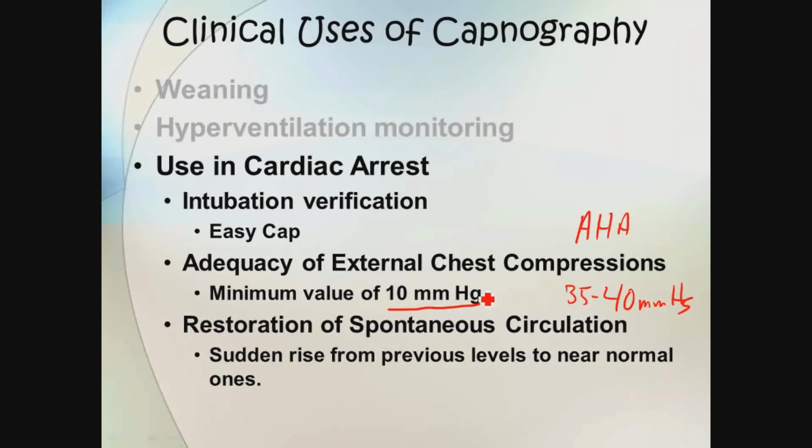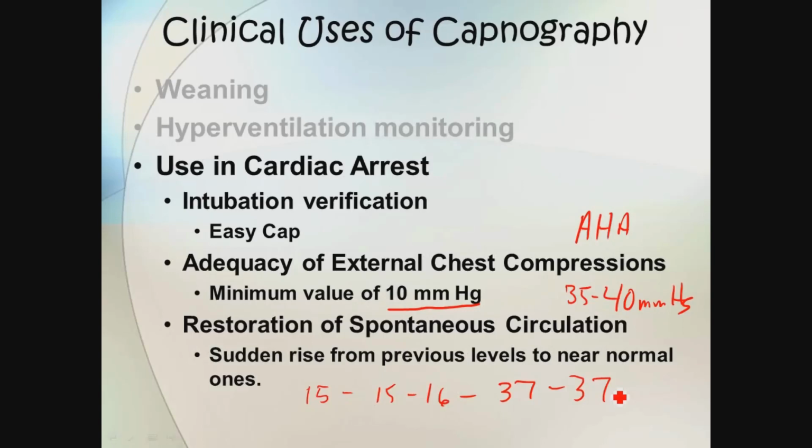And then lastly, there's the restoration of spontaneous circulation that they have, where you're at 15, 16, 37. All of a sudden now you have a restoration of a spontaneous pulse, and it's a way to evaluate, do we still need to continue CPR at that point in time?